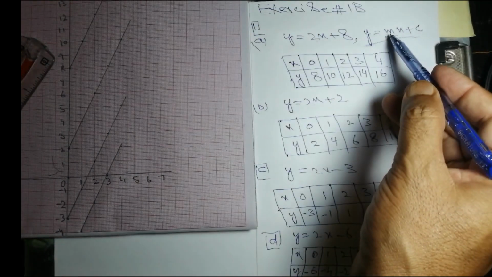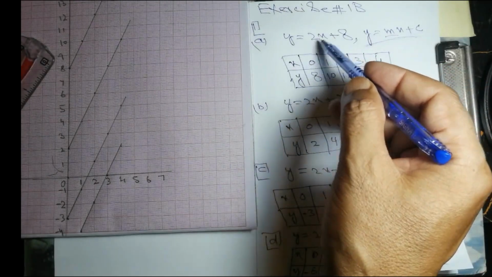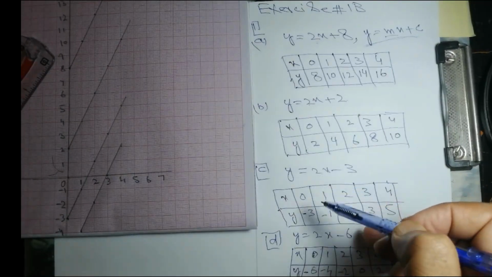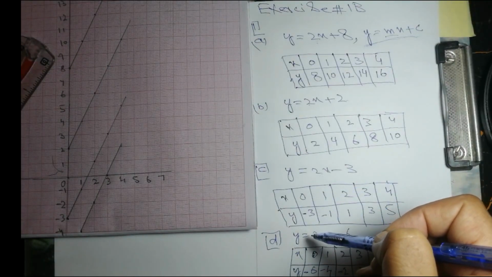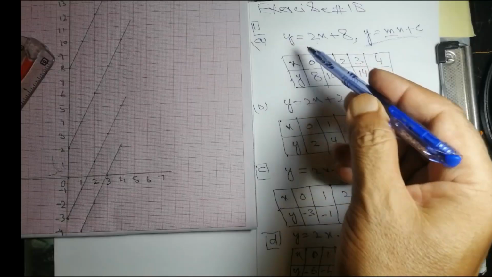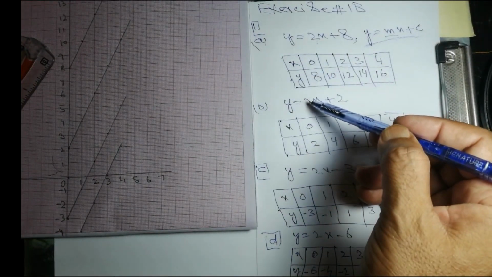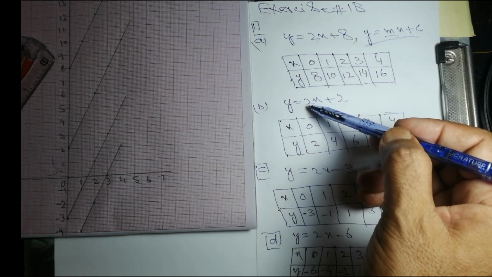If we compare the coefficient of x, that is m equal to 2. So on every equation of the 4 equations, the value of m is 2.